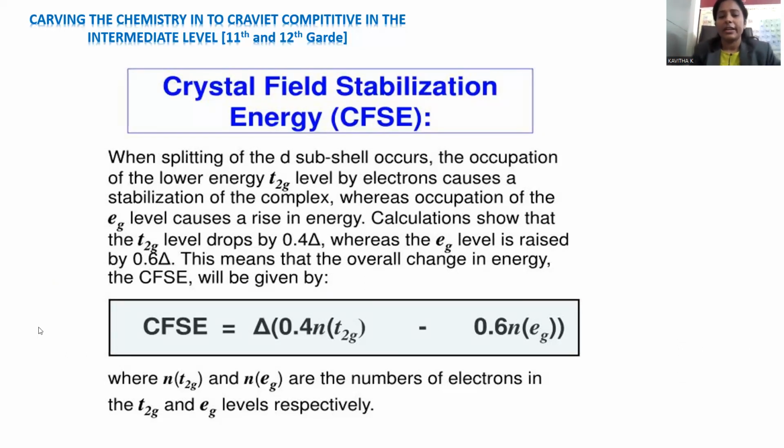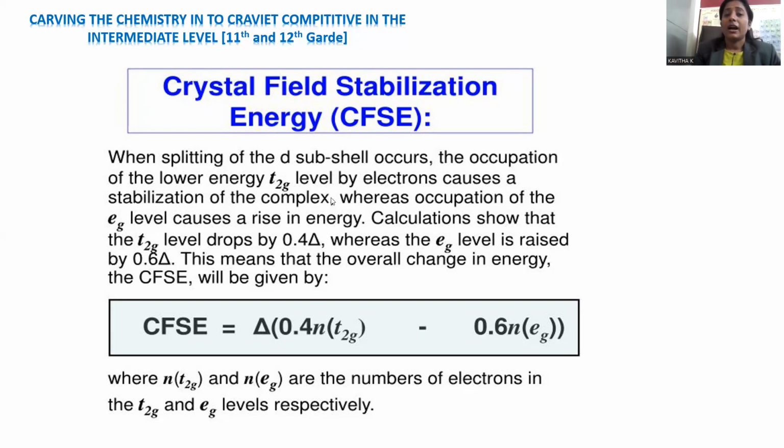In order to calculate crystal field stabilization energy, delta t2g minus delta eg can be taken, and numerically t2g orbital energy is given by 0.4 and eg orbital energy is given by 0.6. So CFSE can be calculated by taking the t2g orbital delta value minus the eg orbital delta value, right?